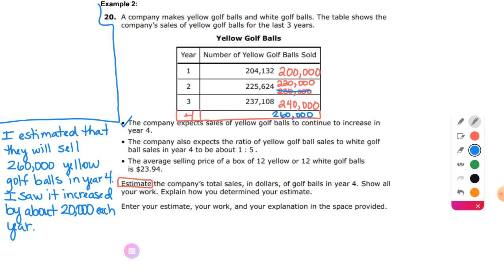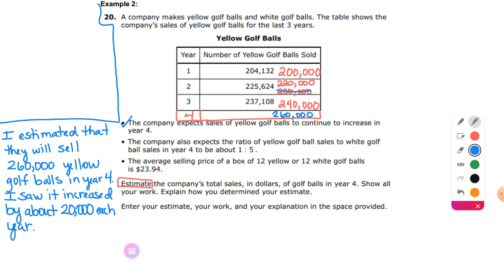Everything it gives you, it usually gives you for a reason. Next one: the company also expects the ratio of yellow to white in year 4 to be about 1 to 5. Livy, what can I do for this one? Just multiply the number you just got by 5. Why?